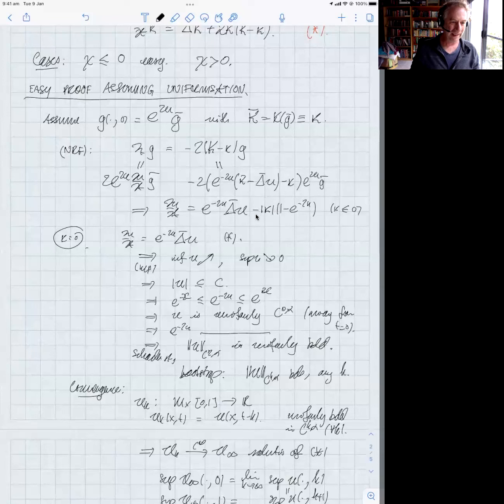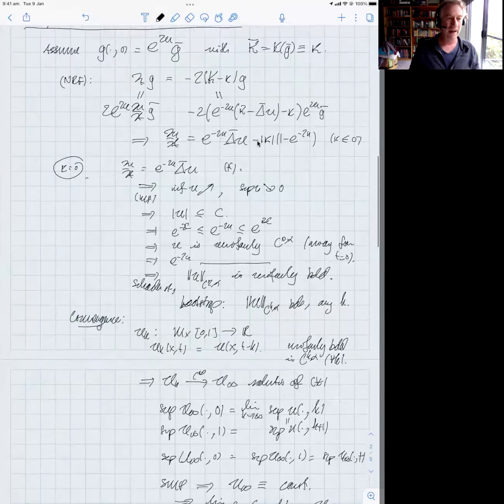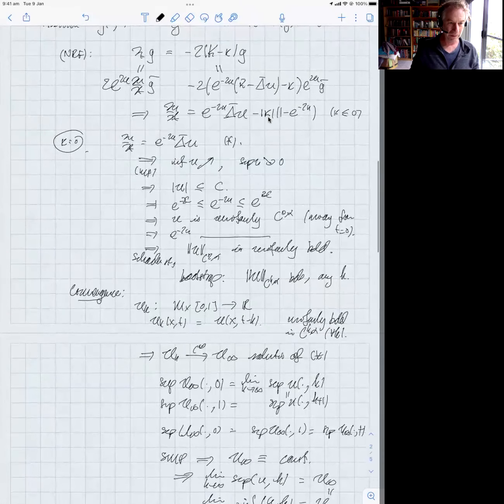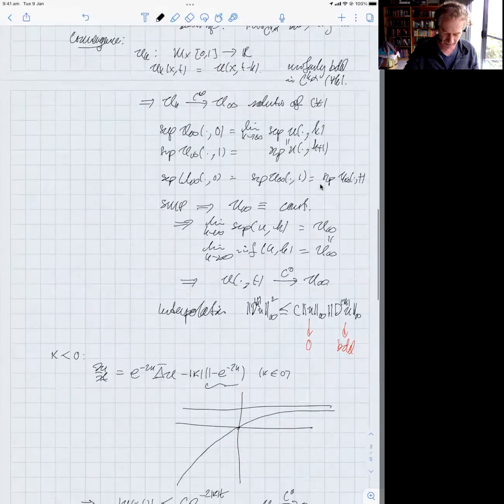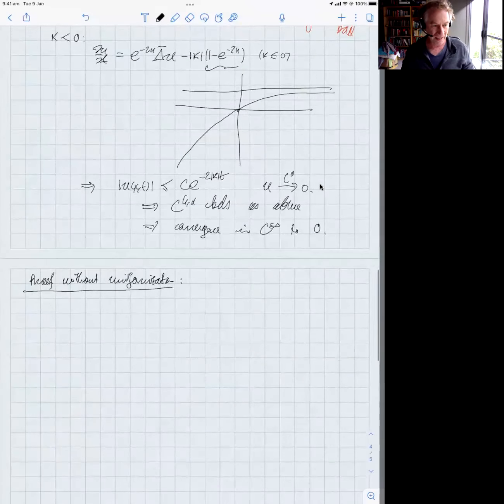You can't get long time existence in particular. In fact, on any finite time interval, I get an upper bound on u, but you can't get any useful lower bound on u from the maximum principle in the kappa positive case. So we definitely have to work harder in that situation, even assuming uniformization.